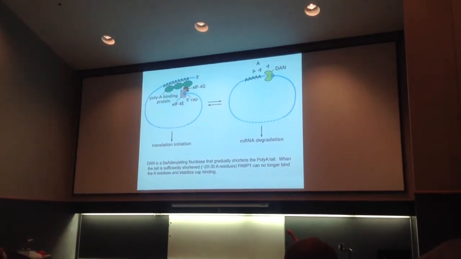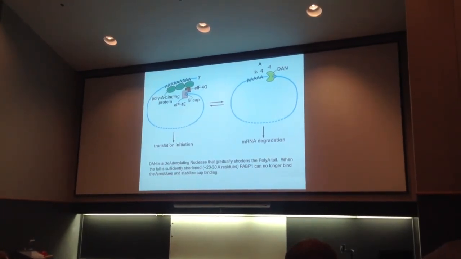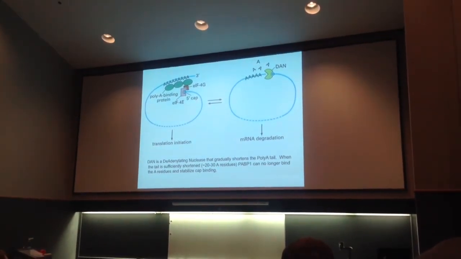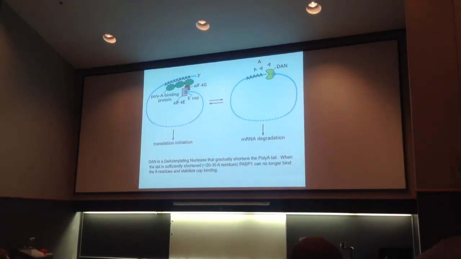And during the process, these messages can be destroyed. So what half-life also does is it ensures that the messages that are being translated are fairly fresh, that they haven't been damaged or cut off or whatever. So not only is it a way to regulate which proteins are made by degrading the RNA, but it also ensures that damaged RNAs aren't making useless proteins.